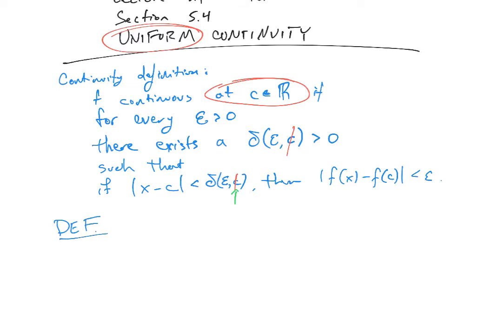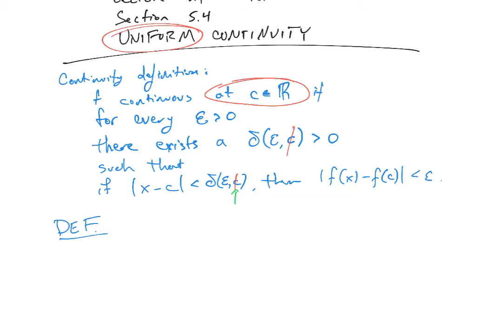So this is our one definition for today. Continuity exists at a point. You're continuous at a point. Uniform continuity is about an entire set.